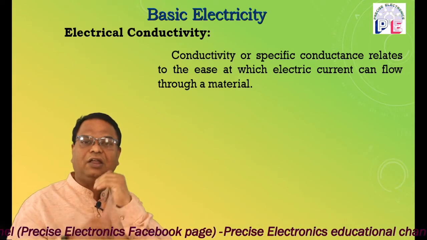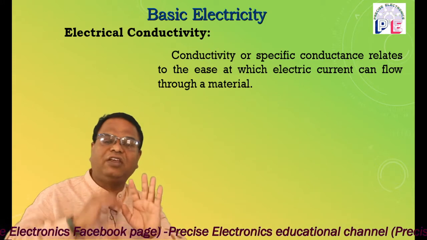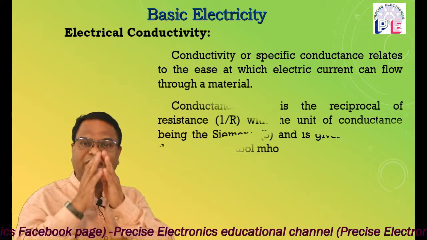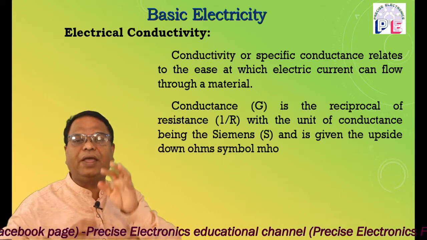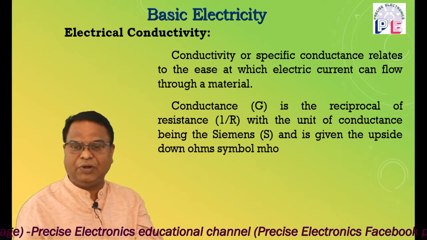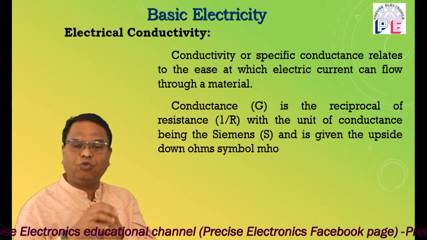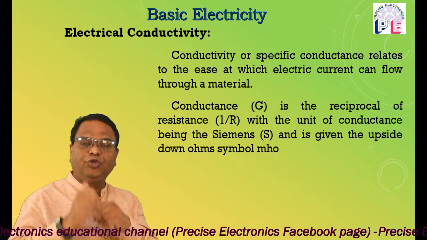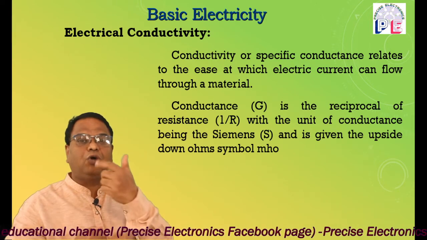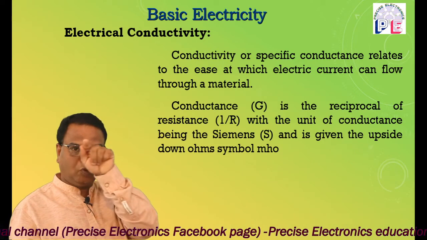That is electrical conductivity, and it is always the reciprocal of resistance. This electrical conductivity is denoted by capital letter G. G, that is conductance, is inversely proportional to the resistance. So G is equal to 1 upon R. The unit of conductivity is exactly the upside-down symbol of ohm. This is the symbol of ohm.